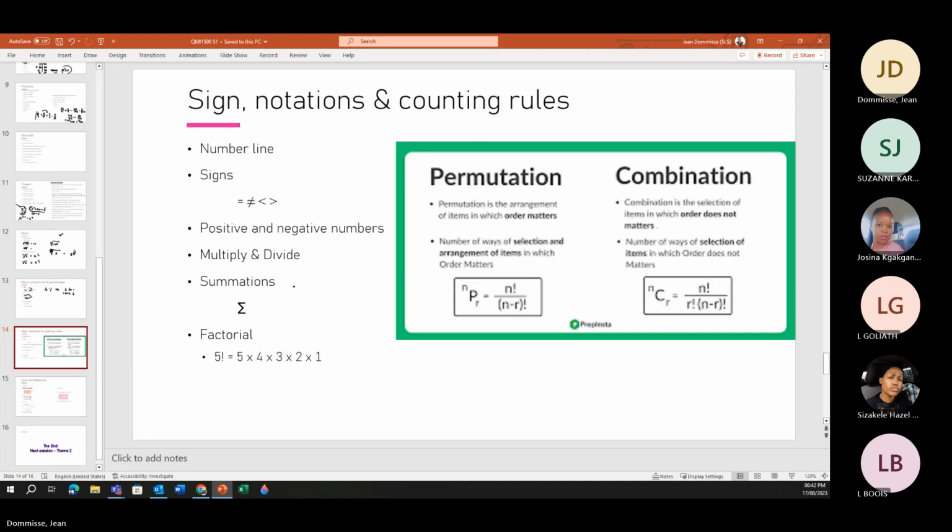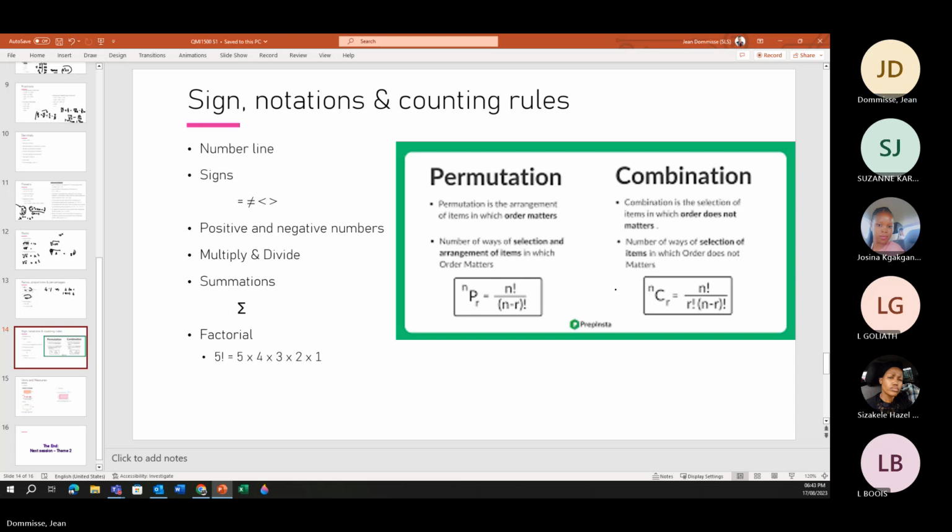Okay, then the other thing that you would have seen also is permutations and combinations. They might even have asked it already for you. They might have also asked both, that you work out the permutation and also a combination.